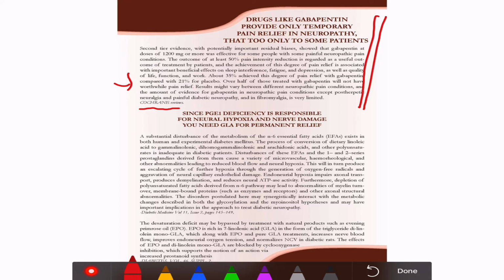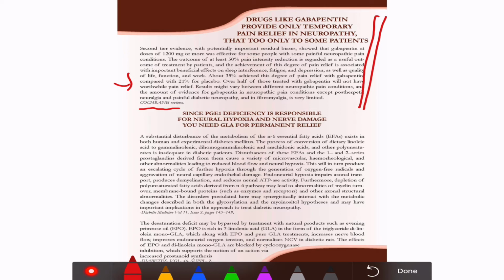It is only a subset of the patients for which gabapentin provides relief. The Cochrane collaboration is one of the very respected publishing houses which assesses several studies. Whatever is the evidence for gabapentin, it does a thorough study of all the studies, and it gives a verdict. The verdict given by Cochrane in this case is that gabapentin does not work for everyone, and it works only for a short time.